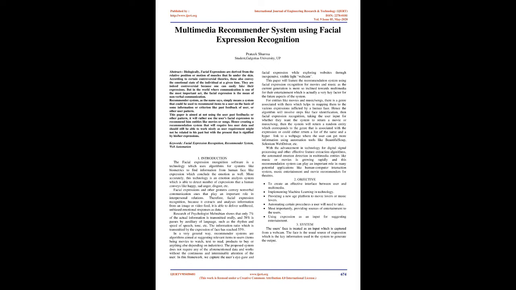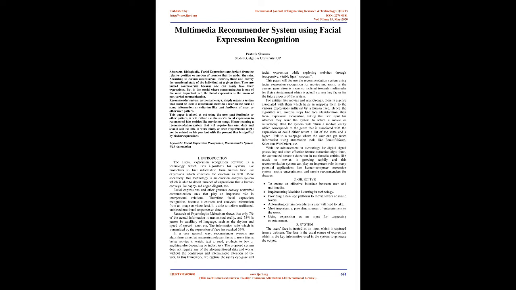This paper will feature the recommendation system using facial expression recognition for movies and music, as the current generation is more inclined towards multimedia for their entertainment, which is actually a very key factor for the future aspects of the system. For entities like movies and music or songs, there is a genre associated with them which helps in mapping them to the various expressions inflicted by a human face.